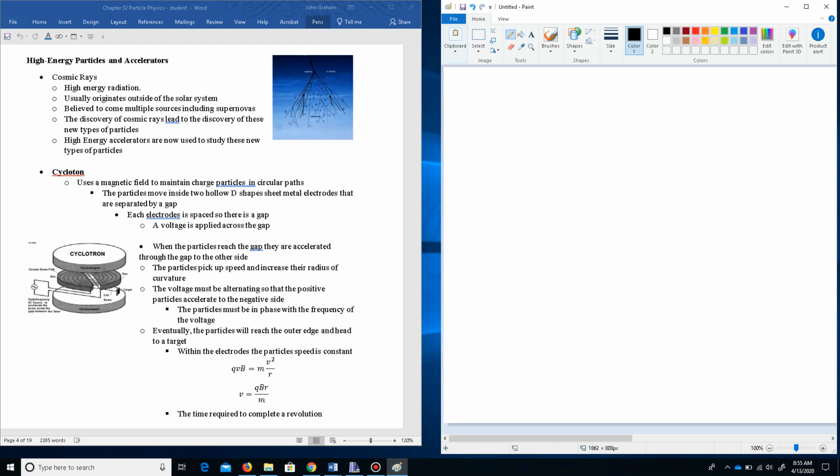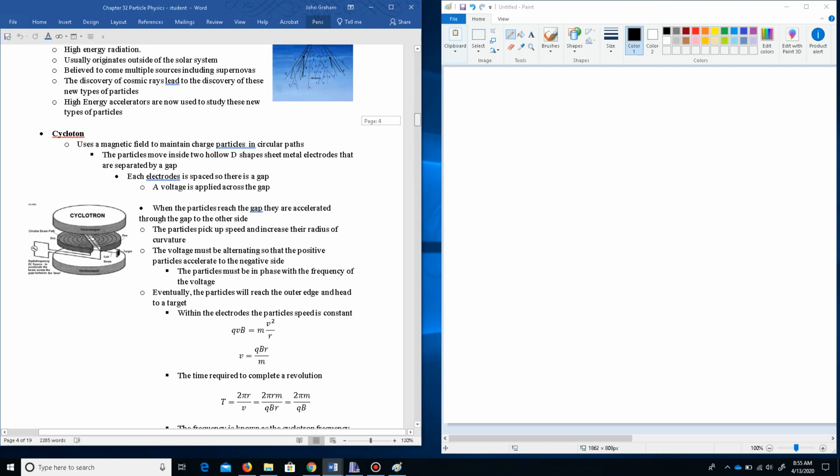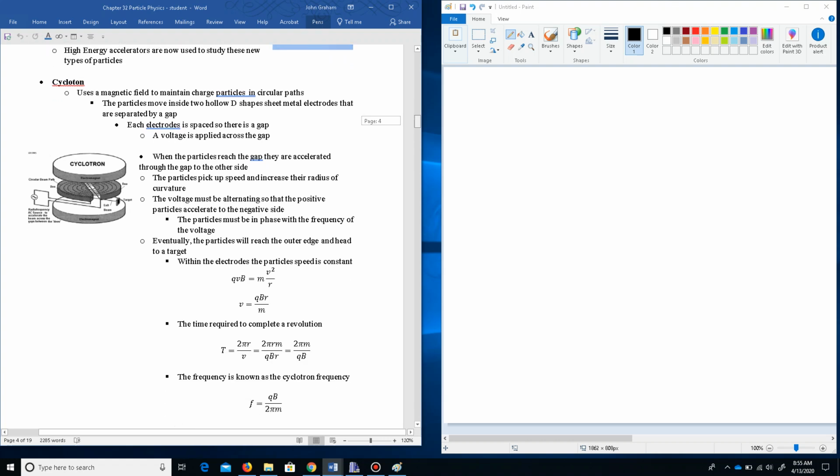And the discovery of the cosmic rays has led to the discovery of these new types of particles. And high energy accelerators are now used to study these new types of particles. By high energy accelerators, what we're looking at is these kinds of particle accelerators we're going to get into.